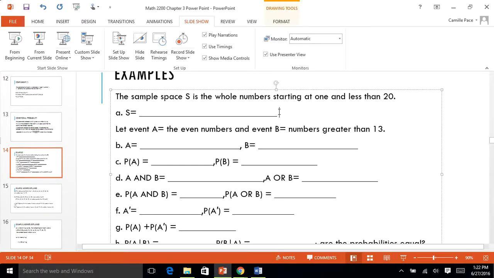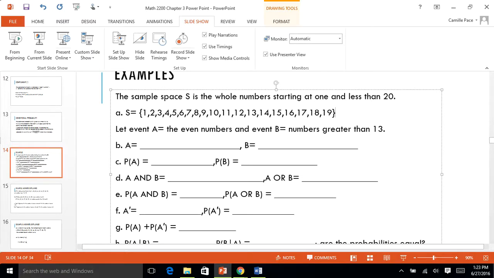So the sample space is going to be 1, 2, 3, 4, 5, 6, 7, 8, 9, 10, 11, 12, 13, 14, 15, 16, 17, 18, and 19, and then I'll close it up. That is all the whole numbers starting at 1 going to 19.